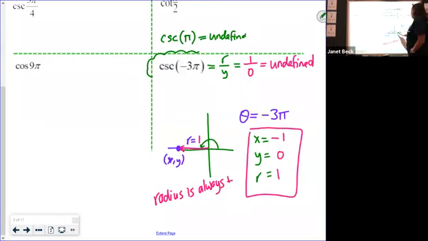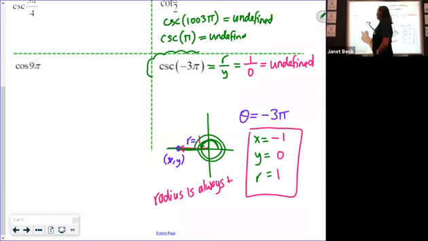It could be for 1, 2, 3, 4, 5, any negative value. It could be the cosecant of any odd multiple of pi. We could have 1,003 pi's. It would still finish on this same terminal ray. They would all be coterminal angles. That would be undefined as well.